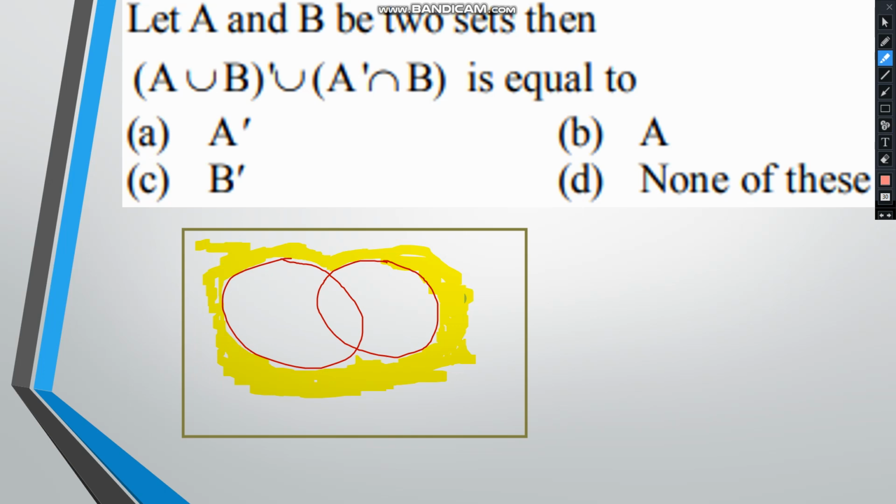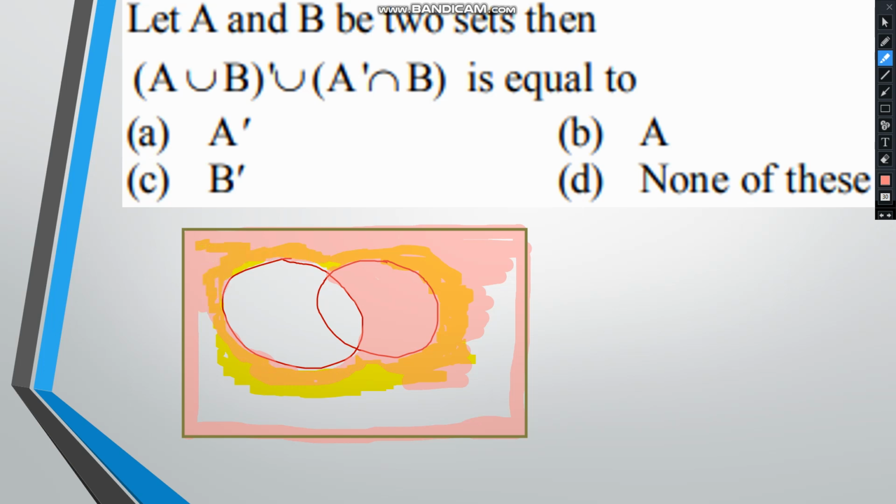So our A intersection B is this region, and this region we are considering, and along with it, the final thing is this entire thing added with this full. So what is this? One can guess easily from the options as well and from common sense. This is nothing but A complement.